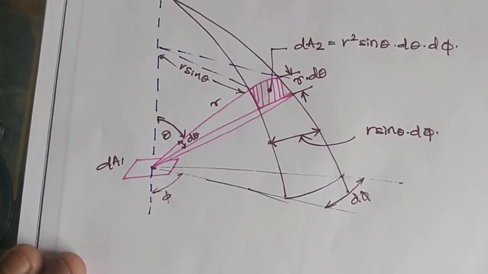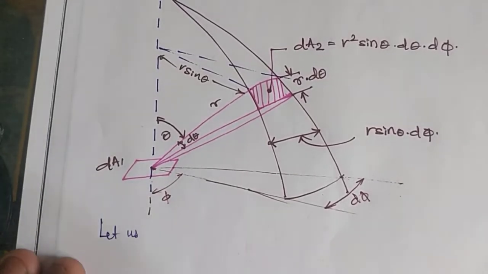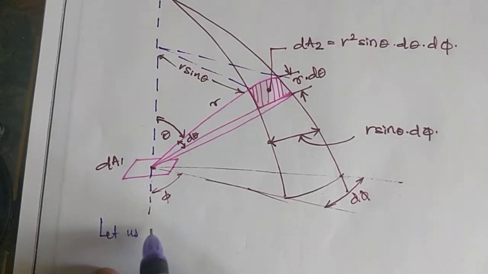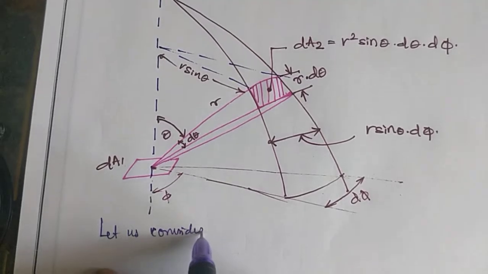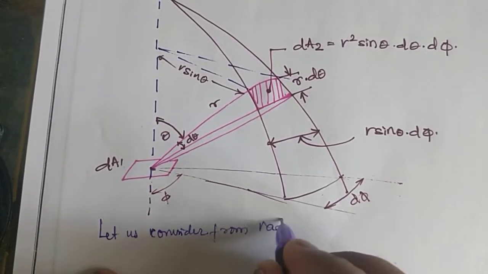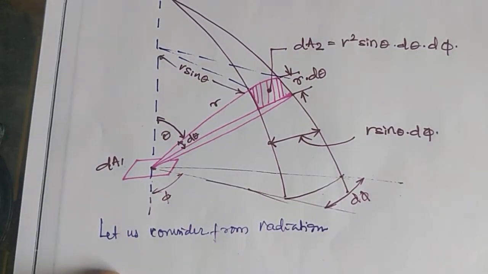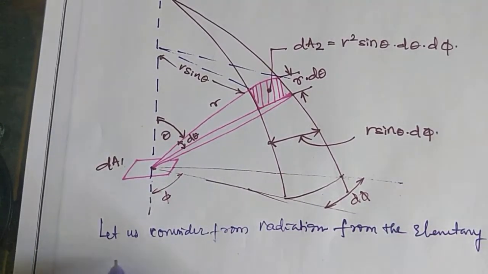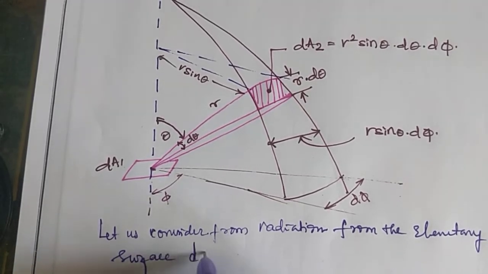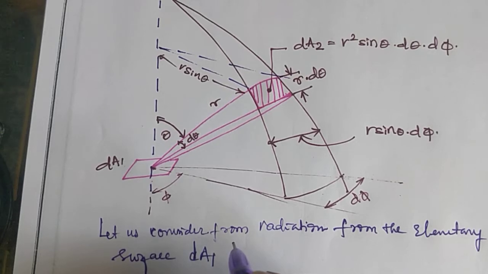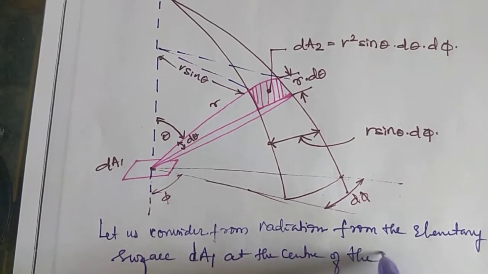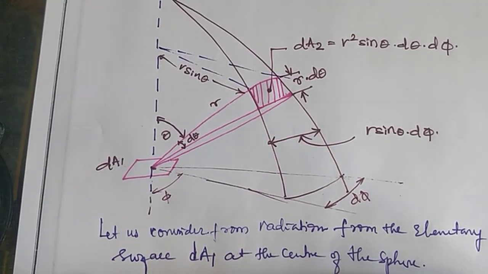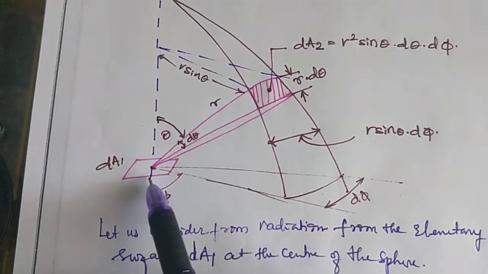Let us consider the radiation from the elementary surface dA1 at the center of the sphere, as shown in the figure, as you have drawn here for this area.